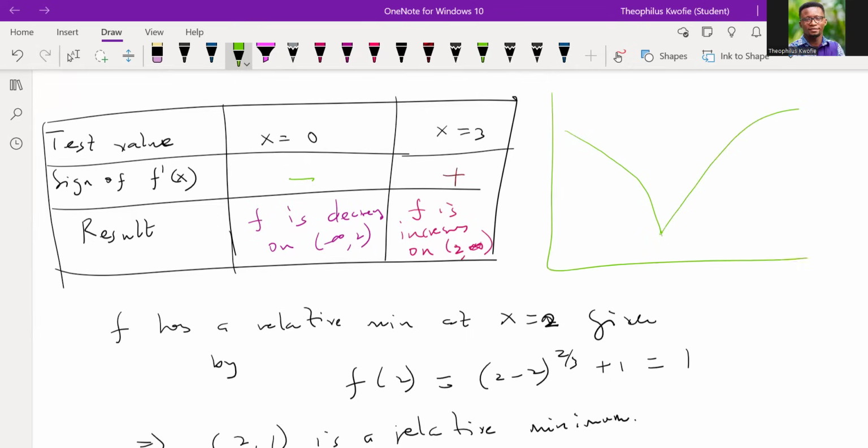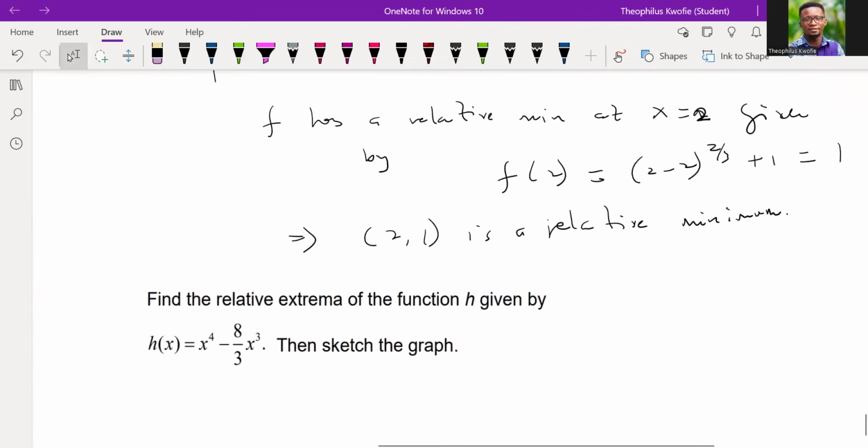So this is the way the graph of the function would look. It came down because it was decreasing, and then went up. That's where we have our relative minimum. Very good.